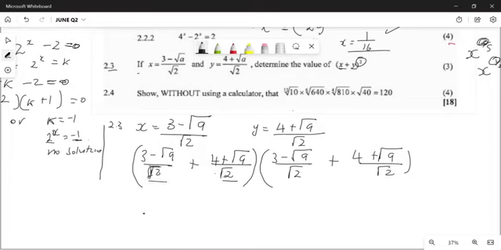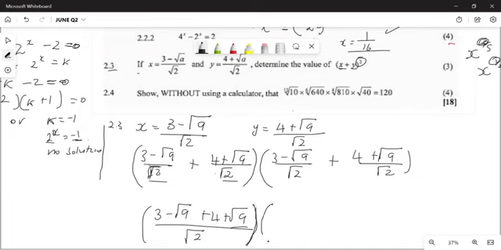So I'm simply going to take one root 2 all over, and add this exactly the way it is: 3 minus root A plus 4 plus root A, all over root 2.